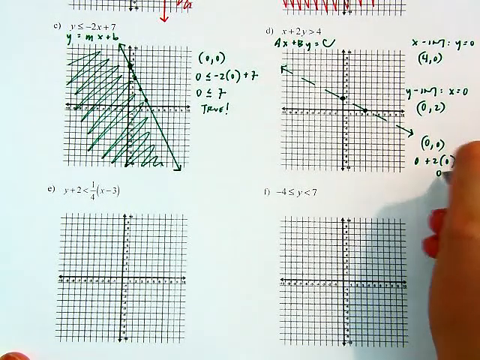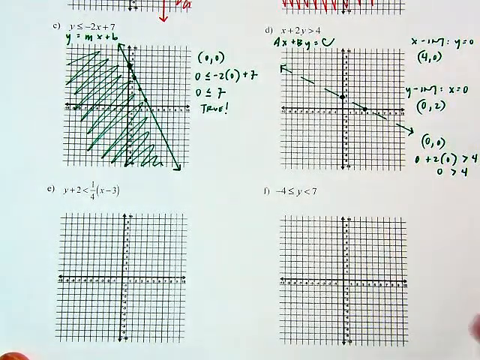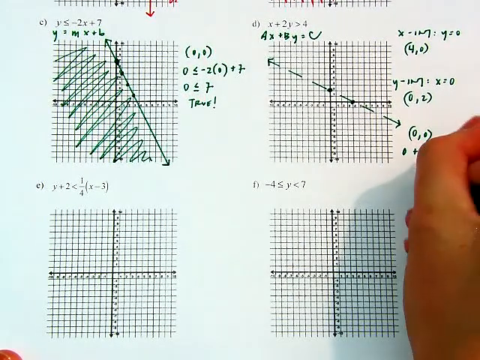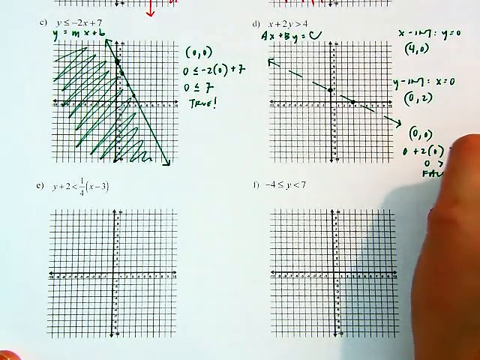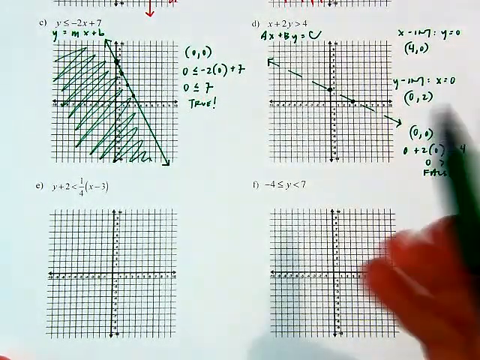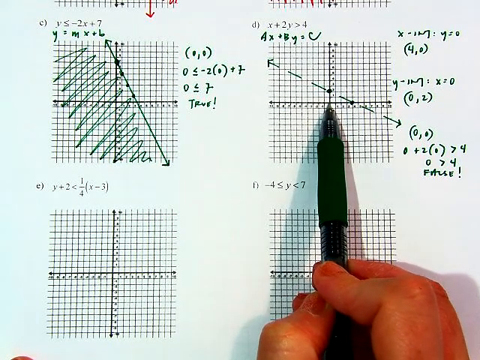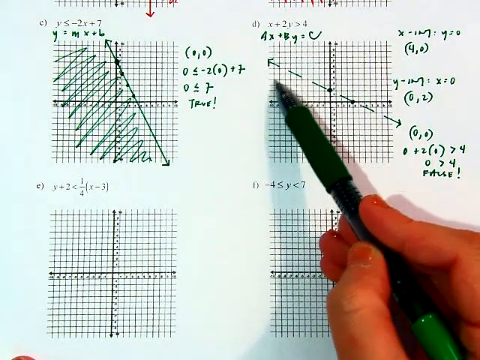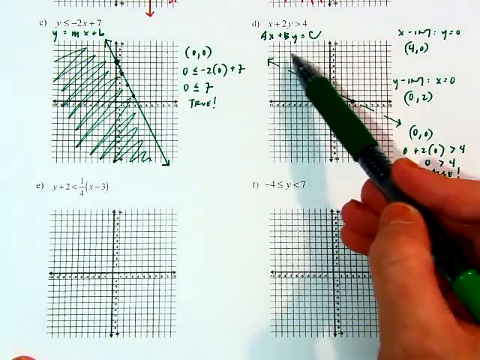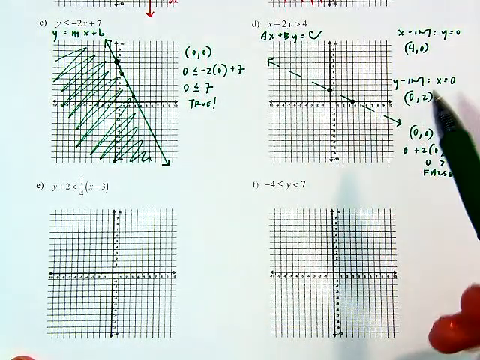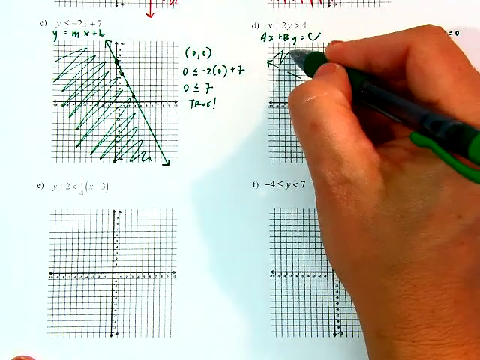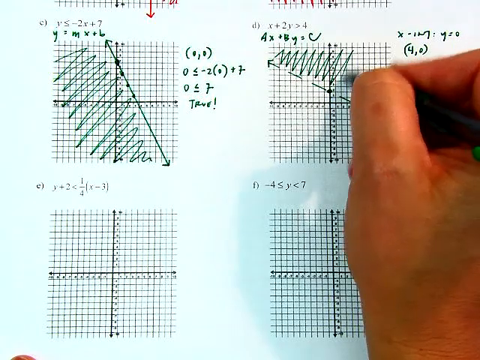So 0 greater than 4, well, that's not true, that's false. So that means that 0, 0 is not a solution that's in the shaded region. So this should stay unshaded. My shaded region should be up in here. And if you wanted to be further clear, you could always pick another test point.